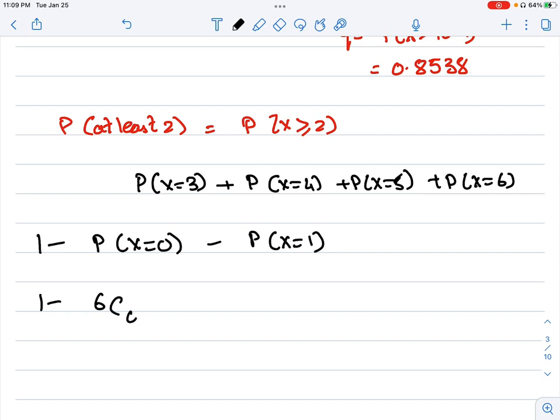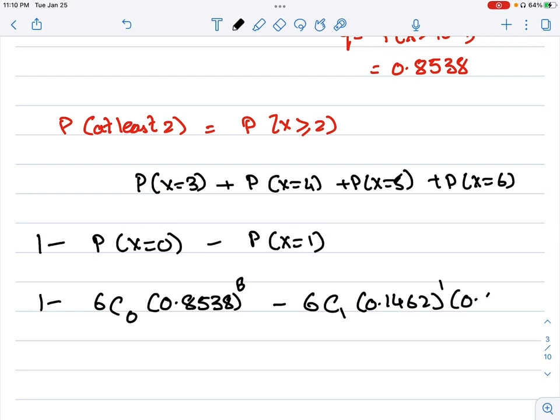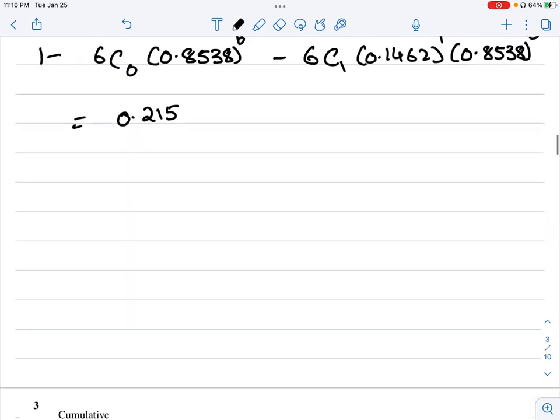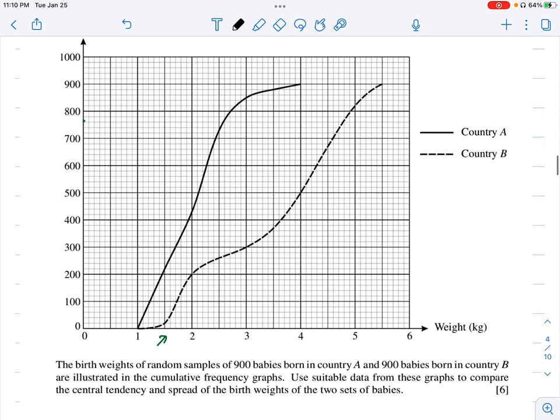So out of 6, 0 should be less than 10.9, so all 6 should be greater than 10.9, which is 0.8538 to the power of 6. Out of 6, only 1 should be less than 10.9. So 0.1462 to the power of 1 and 0.8538 to the power of 5. Simplify from the calculator, you should be getting 0.215. Coming to the third question.